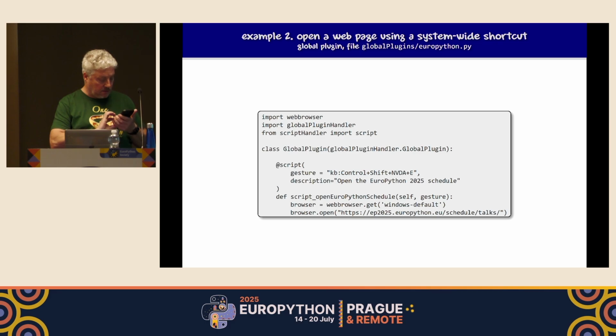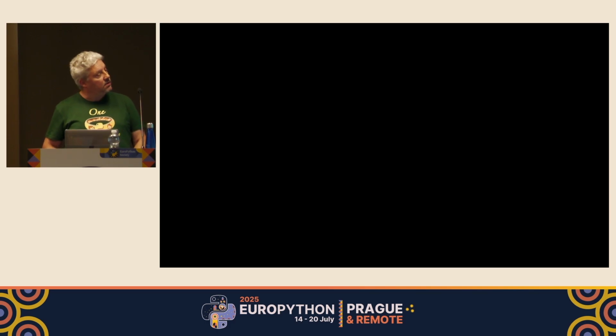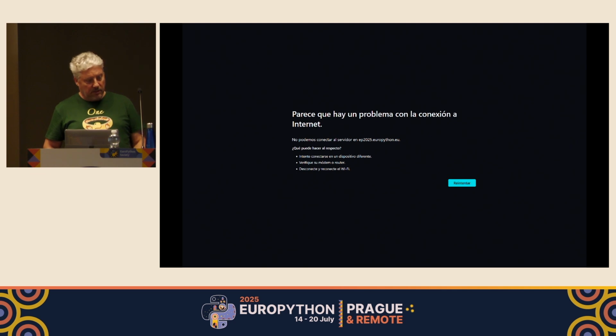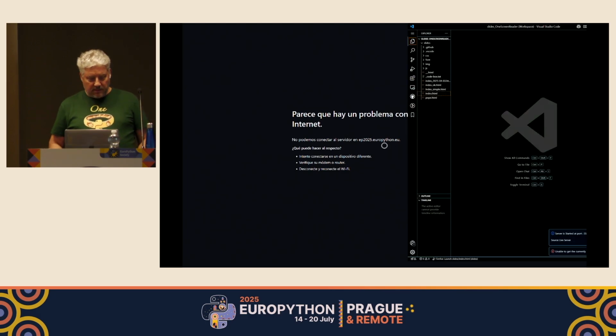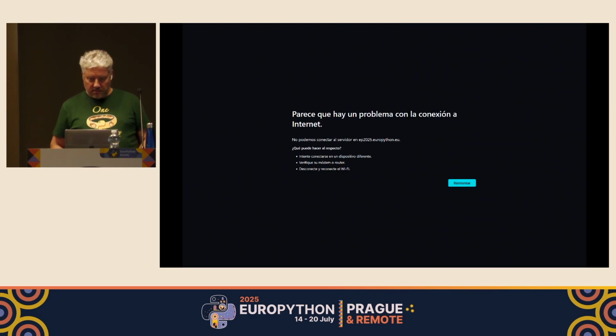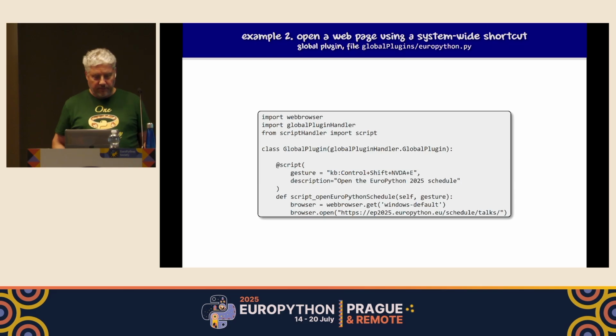Let me check if I can do it. Anyway, I will do it. If it doesn't work, it's because I don't have internet connection, okay? So, yes, it doesn't work, but you can see that it has launched Firefox to open the EuroPython program, but I don't have connection here. Yeah. Server not found, of course.